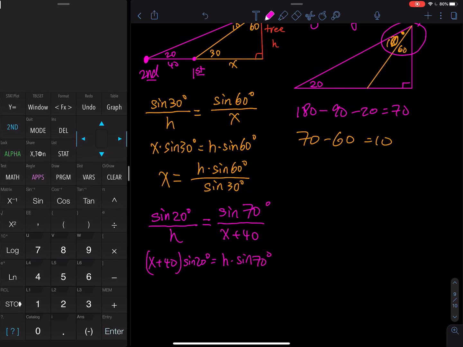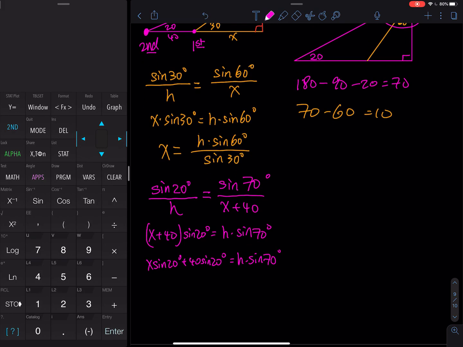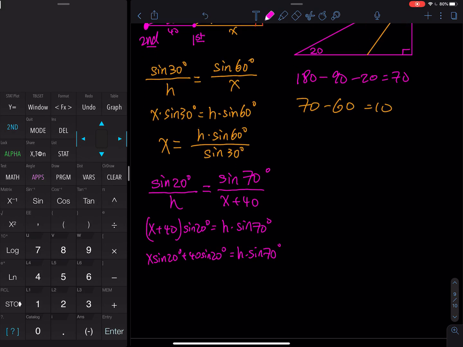Then we distribute the sine 20: x times sine of 20 degrees plus 40 times sine of 20 degrees equals h times sine of 70 degrees. Then we subtract 40 times sine 20 and divide by sine of 20 degrees. So x equals h times sine of 70 degrees minus 40 times sine of 20, divided by sine of 20 degrees.